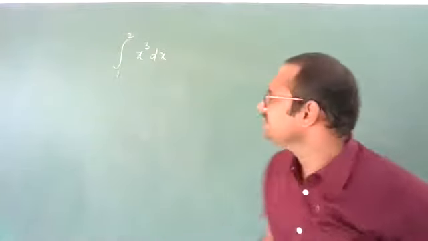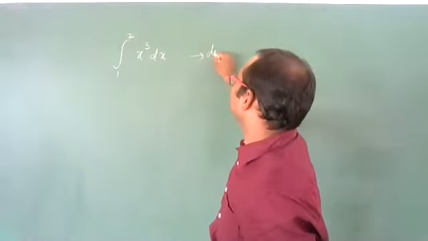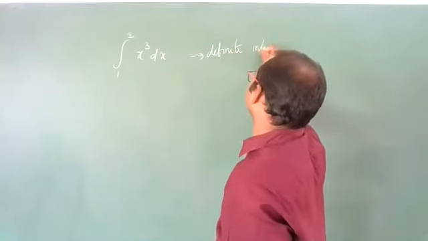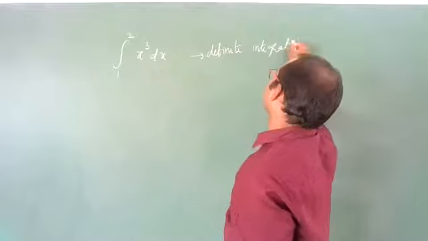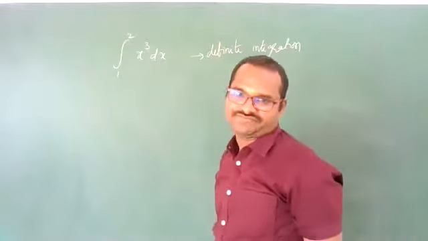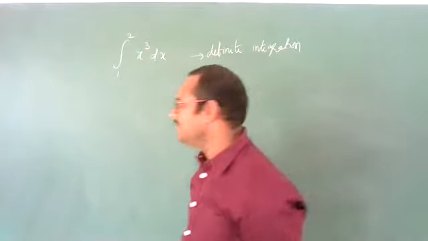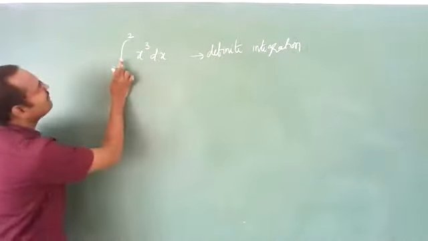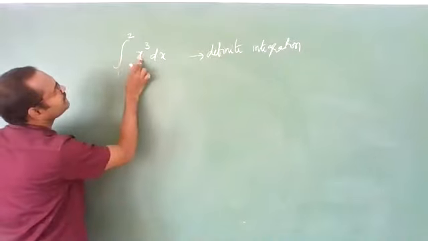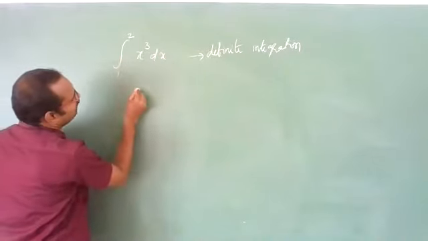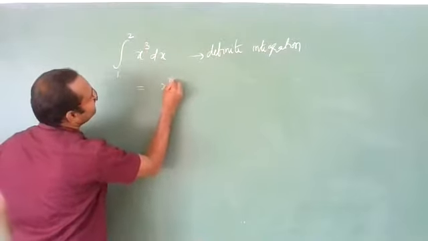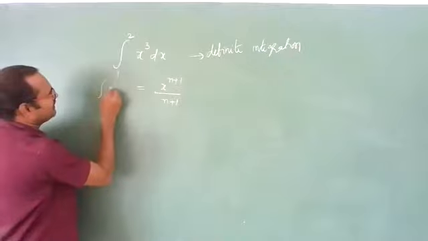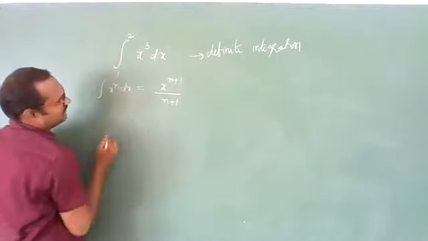It is definite integration, because the limits are given. Now, first apply the formula. It is in the form of integration of x power n dx, so according to the formula, it is x power n plus 1 by n plus 1.